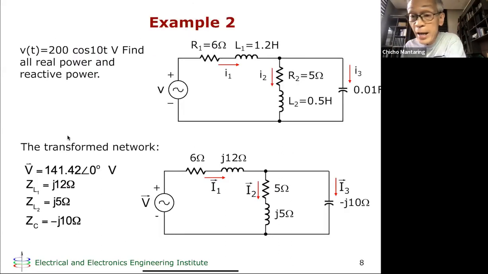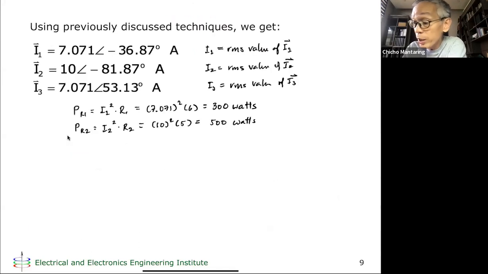Any other element which will consume real power? None, right? Remember that real power is only delivered to resistances. There are only two resistances in the circuit, so there's no other element where real power will be delivered. So for the remaining elements, L1, L2, L3, you will only have reactive power. So what is QL1? That's reactive power delivered to L1.